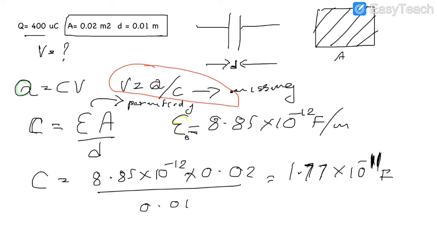All right, now let's go ahead and solve the rest of it. So we have C as 1.77 times 10 to the power minus 11 farads.